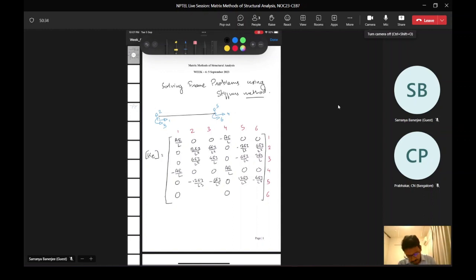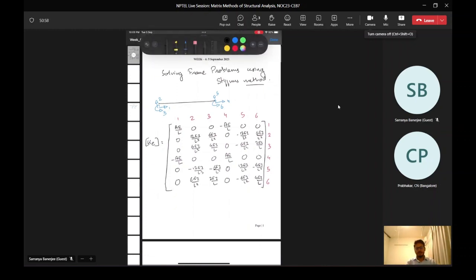So this is the stiffness matrix of one element of frame, right?